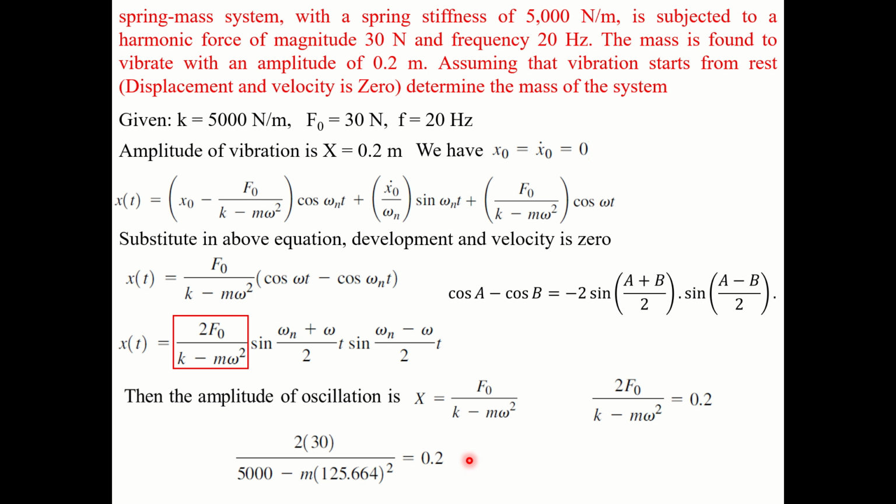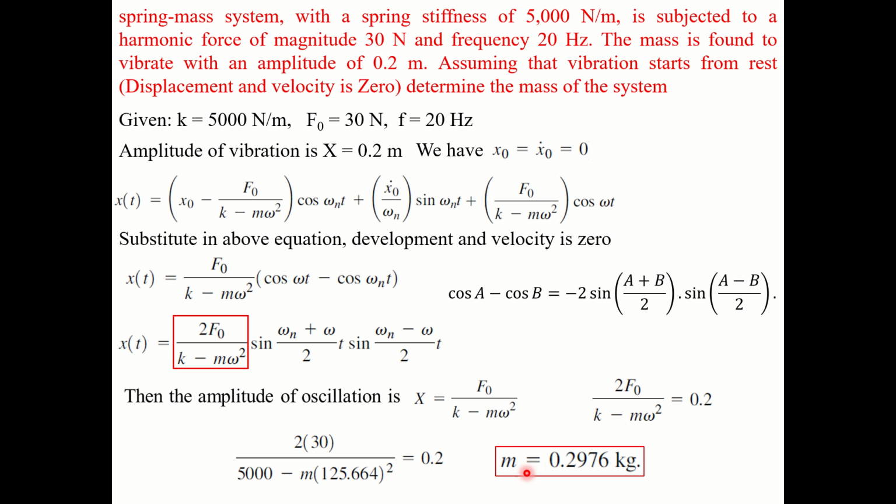Now if you simplify, the answer will be m equal to 2.976 kg. How to solve? 0.2 into 5000 is equal to 1000, minus 0.2 into 125.664 whole square into 2 gives some value, here it is 60. 1000 minus 60, you will get 940. 940 divided by 125.664 whole square into 0.2 is equal to m.